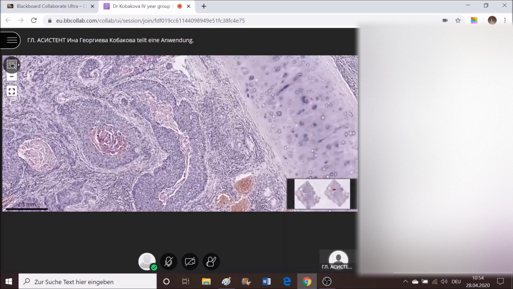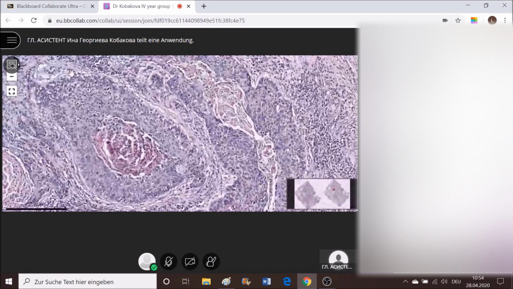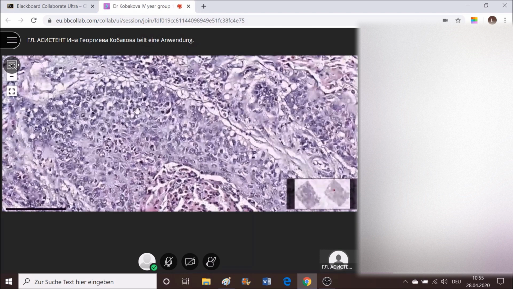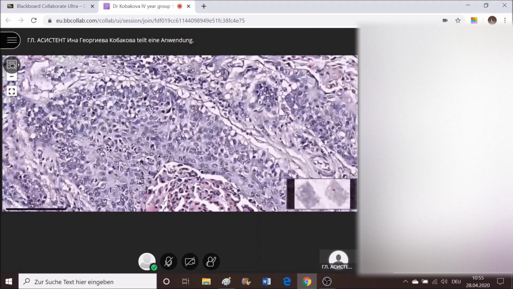Now, what we observe here is a nest of cells on multiple layers, which are actually well demarcated. If we observe them closer, we'll take a look at these cells and we'll find that they're all different from each other. They are suffering severe tissue and cellular atypia and nuclear atypia.